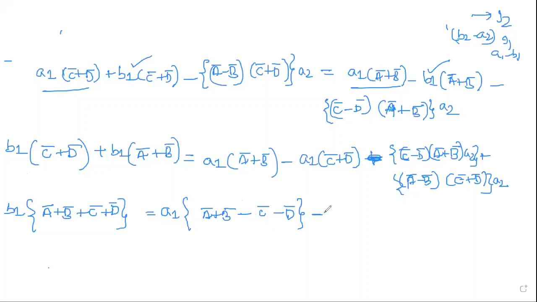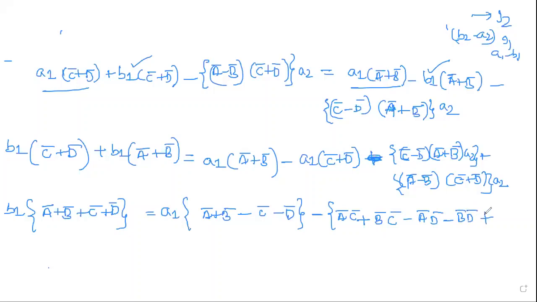Now this is quite complicated, not complicated, you're just multiplying it. So it is like multiply this together, A bar C bar plus, this is again B bar C bar minus A bar D bar minus B bar D bar.